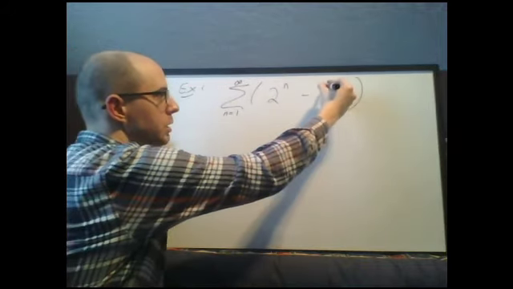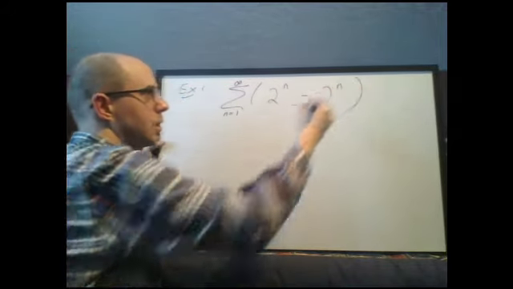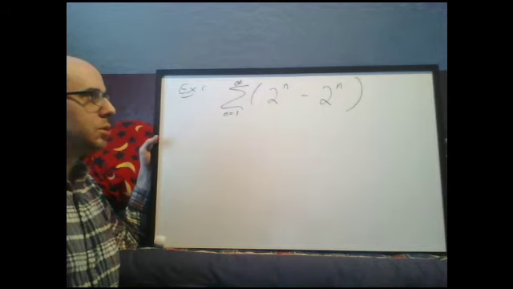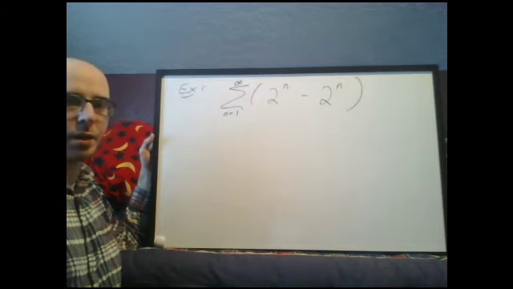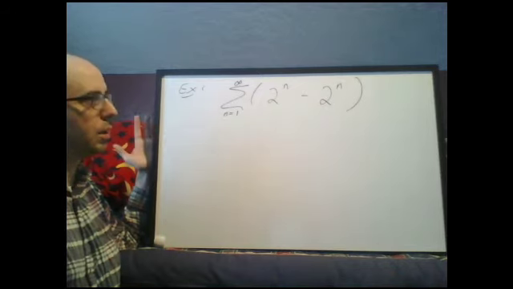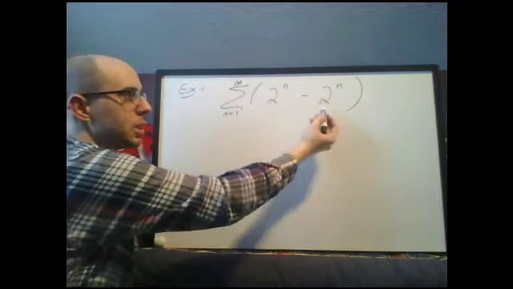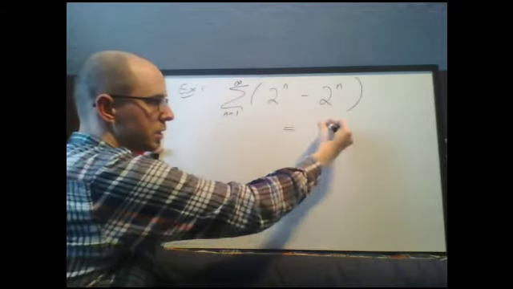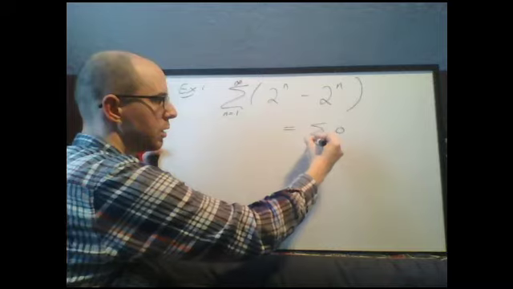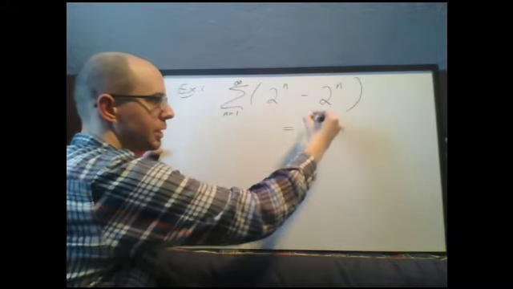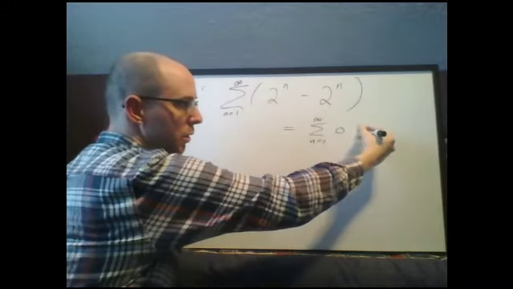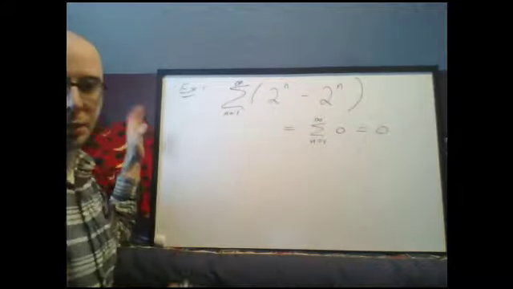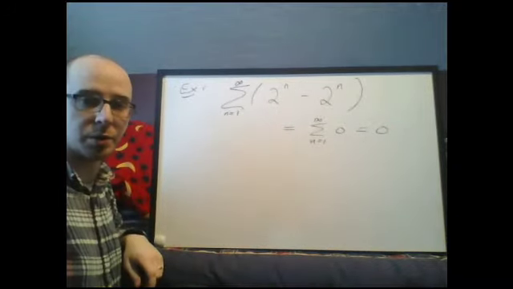If I wrote the sum of 2 to the n minus 2 to the n, obviously these two things cancel, and this is just a summation of zeros. If I just keep adding zeros, I always get 0. This would be a convergent series with value 0.